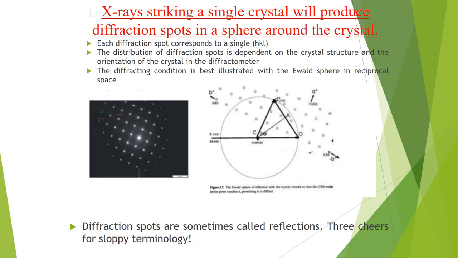The diffracting condition is best illustrated with the Ewald sphere in the reciprocal space. The diffraction spots are sometimes called reflections. Three cheers for sloppy terminology.